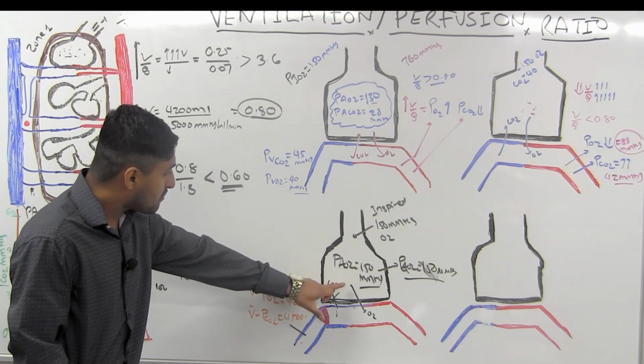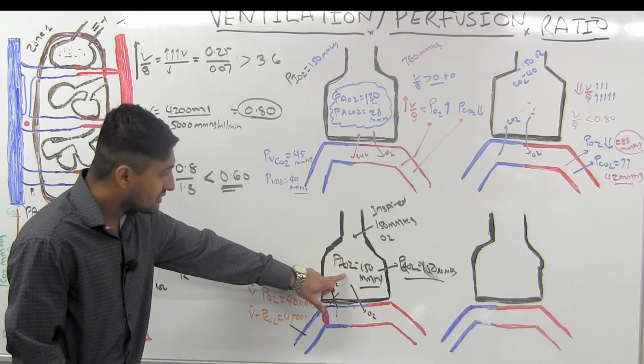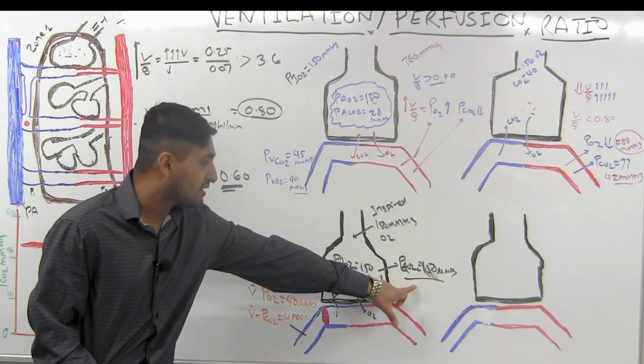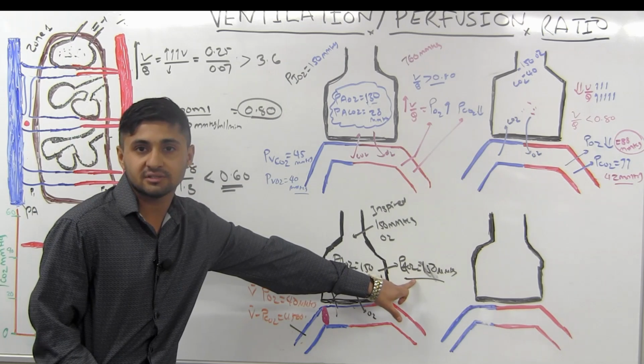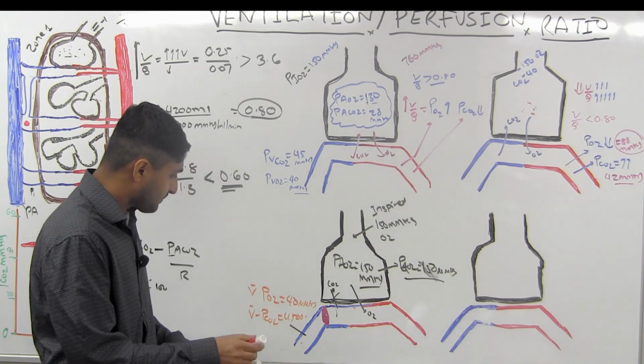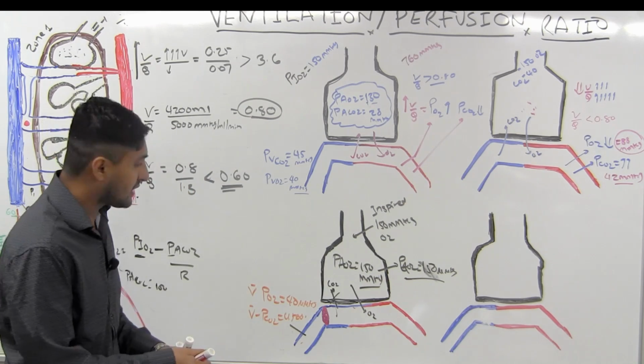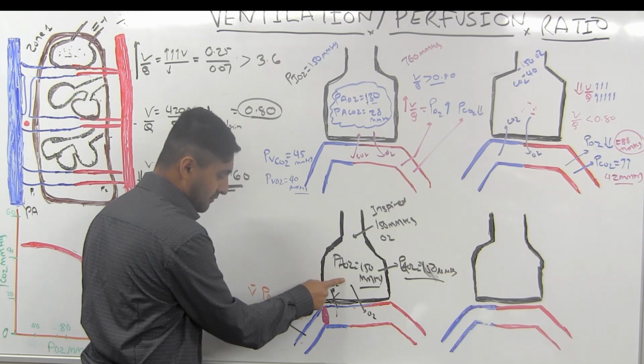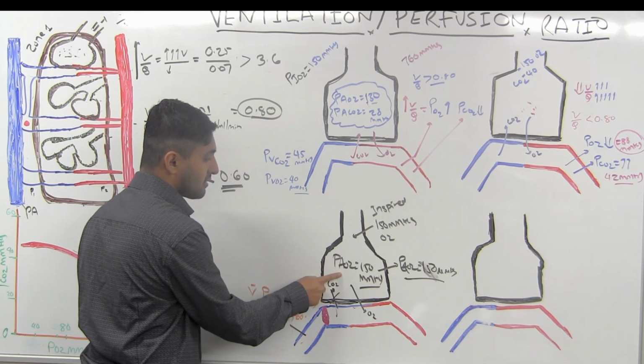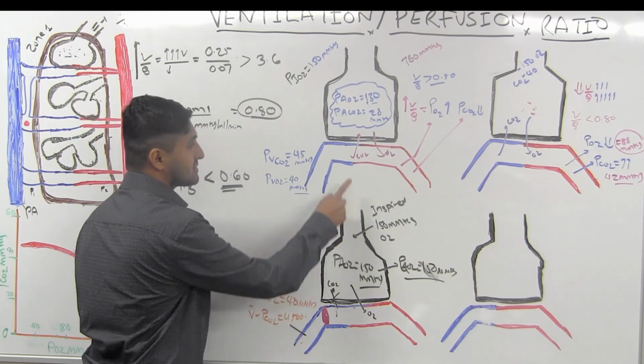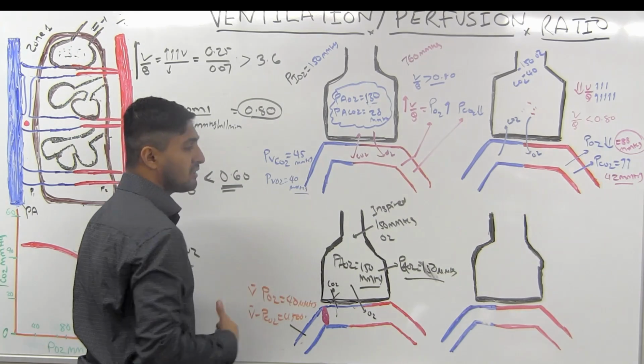Whatever I inspired is going to match the alveolar oxygen, because it didn't perfuse at all. The alveolar oxygen level is going to be exactly the same as the inspired oxygen level.